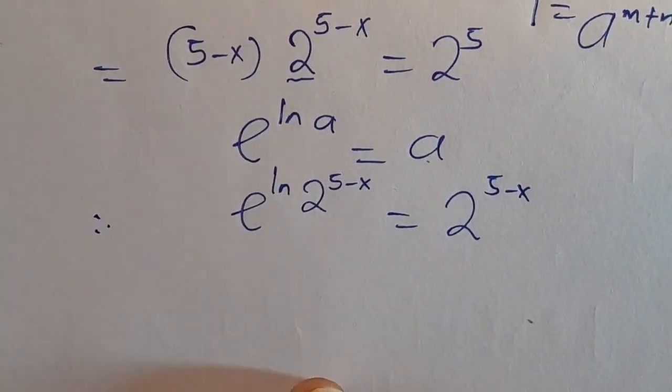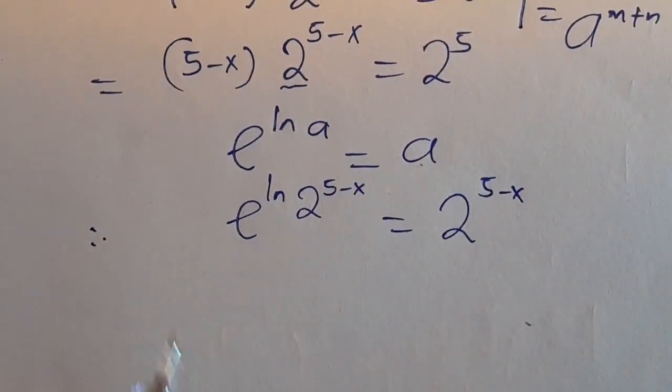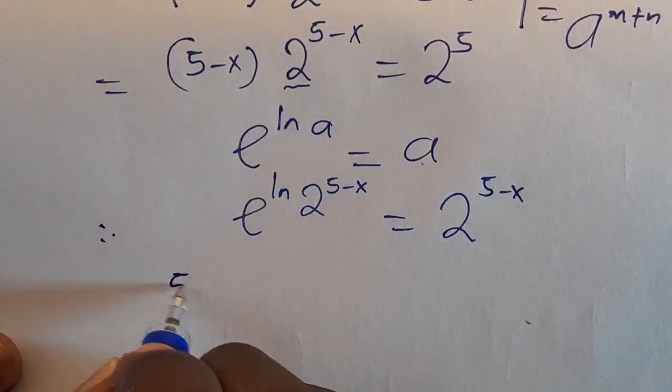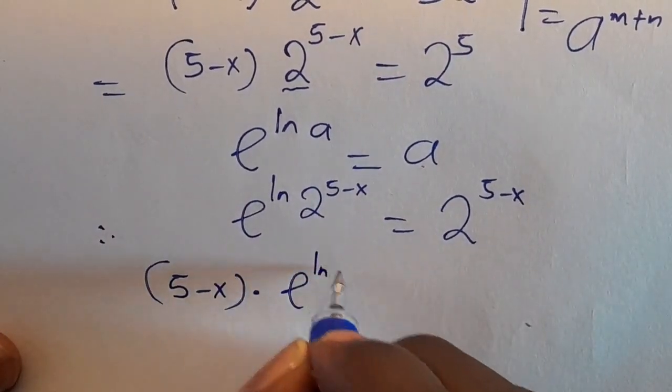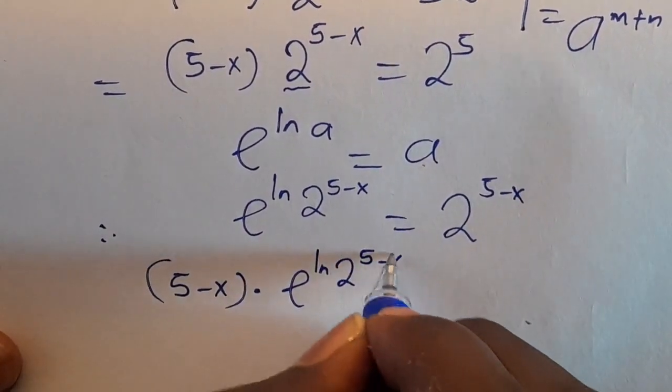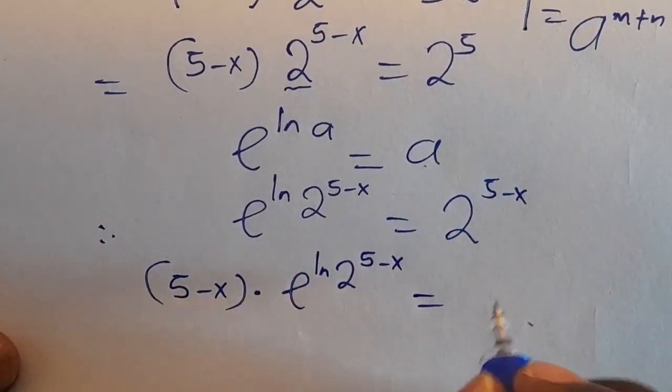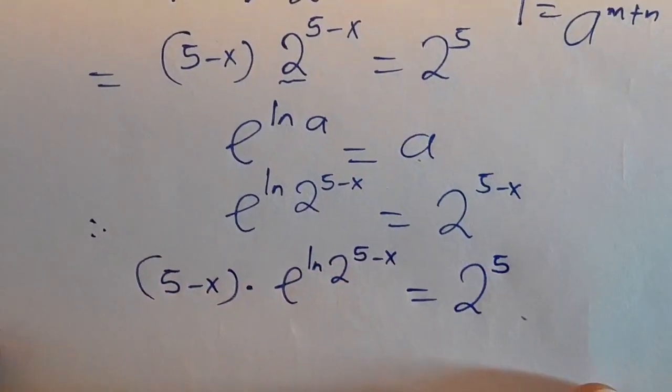from here we have 5 minus x, then multiplied by e to the power of ln of 2 to the power of 5 minus x, equals 2 to the power of 5.